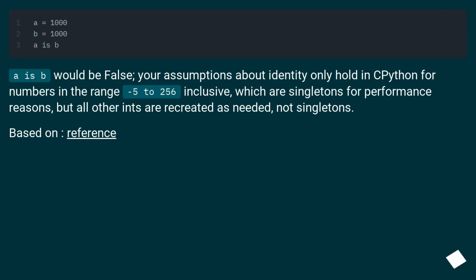Your assumptions about identity only hold in Python for numbers in the range -5 to 256 inclusive, which are singletons for performance reasons, but all other ints are recreated as needed, not singletons.